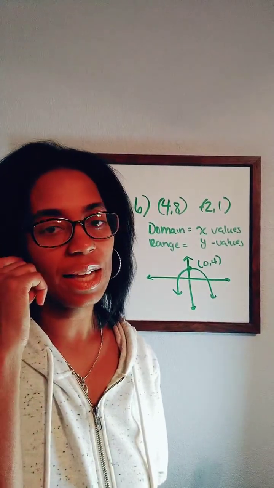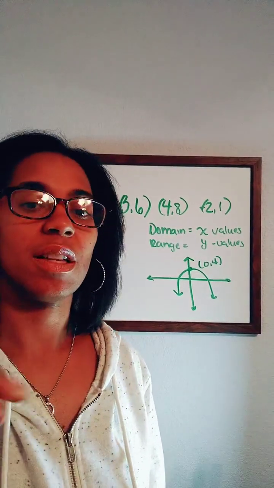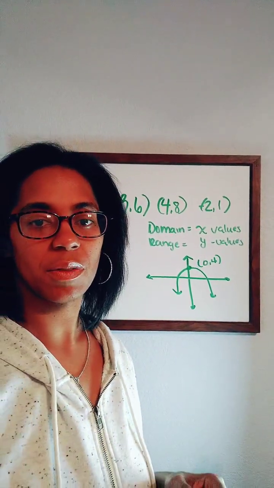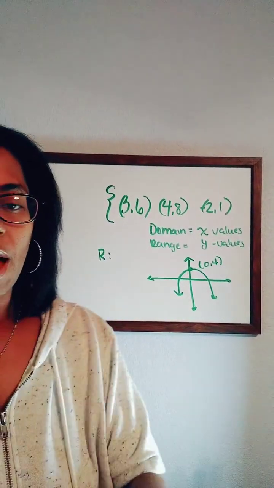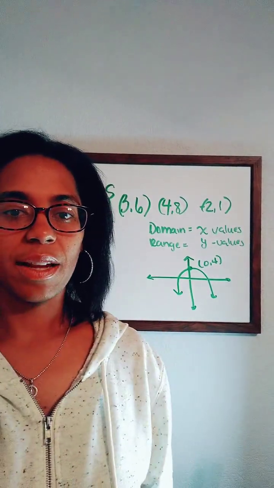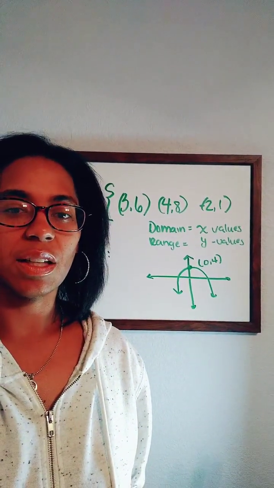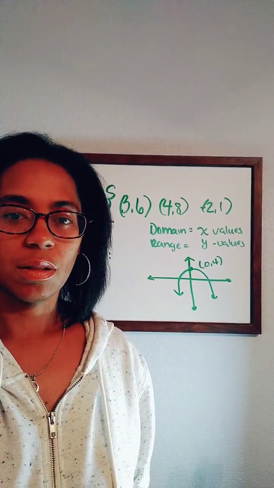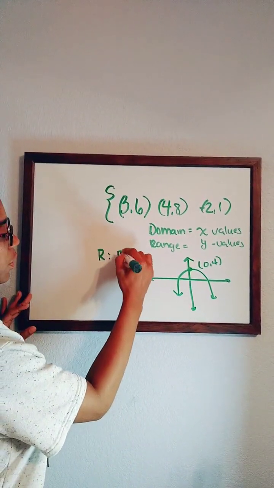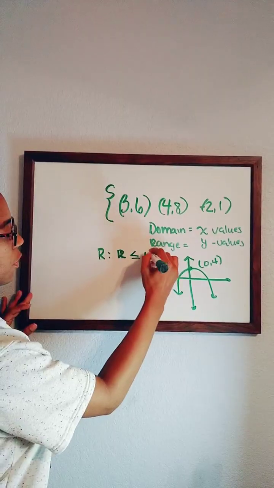Can they write it like that, Emily? How Lex wrote it? Is that how you would write it, with the parentheses and stuff? The negative infinity to positive infinity? And then the bracket of 4 to negative infinity? I think so. Okay. Yep, she said y'all are right. So range would be all real numbers that are less than or equal to 4.